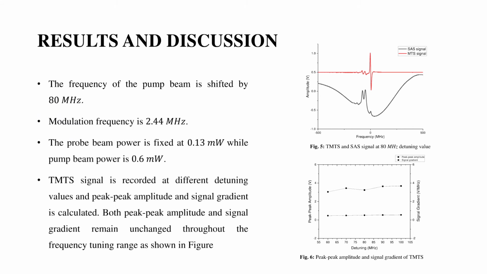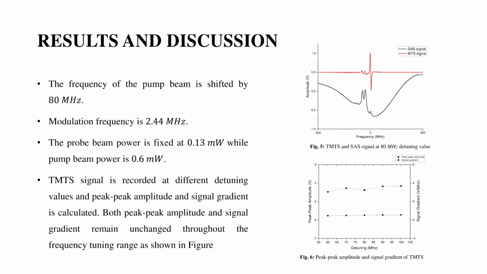Figure 5 shows an SAS signal for the 3 to 4 cyclic transition of rubidium 85 atoms and an MTS signal. The laser frequency is tuned by 80 megahertz, and you can see a clear line shape for locking the laser.